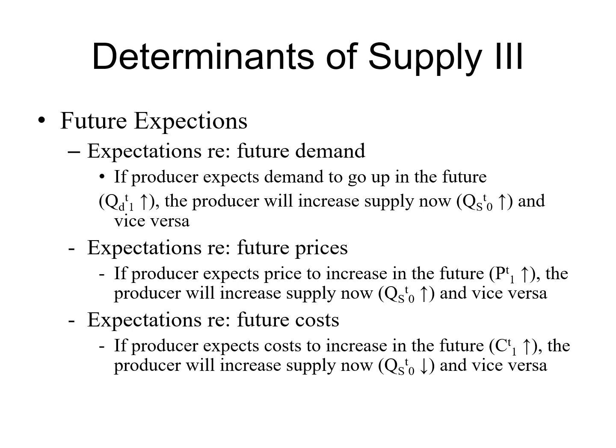Now, the final is the future expectations of costs. If I expect costs to go up in the future, okay, I'll increase my supply right now before that cost increase. Okay, so in other words, I'm producing steel and I think coal in the future, 3 months from now, is going to ratchet up in price, I'll buy as much of it as I can right now and produce all my steel and hold an inventory of it so that I don't have to produce it after that cost increase.